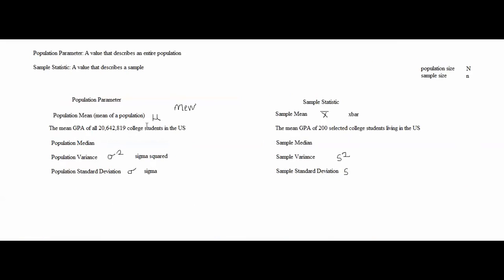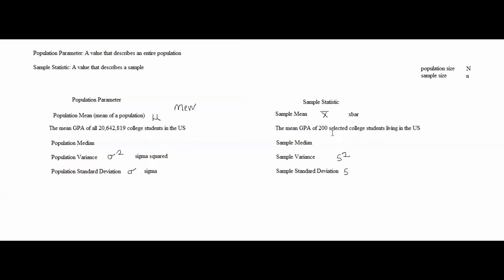Since we don't collect data from entire populations, since they're too large to collect data from, we hardly ever actually calculate population parameters. For example, no one would actually calculate the mean GPA of the entire college student population in the US. What we actually do is we collect data from samples and we calculate sample statistics.